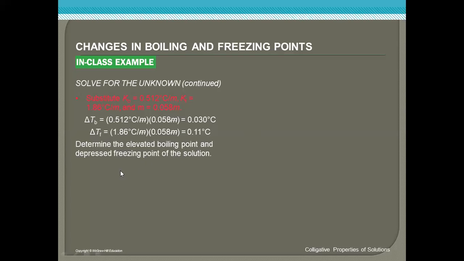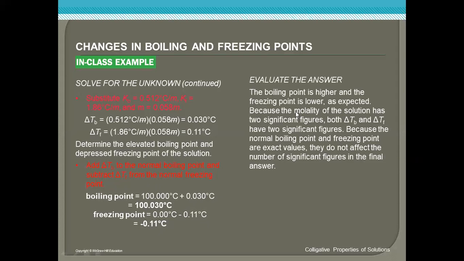Determine the elevated boiling point and the depressed freezing point of the solution. The boiling point equals 100 plus 0.030, which equals 100.030 °C. And the freezing point equals 0.00 minus 0.11, equal to negative 0.11 °C. As we observe, the boiling point is higher and the freezing point is lower, as expected.